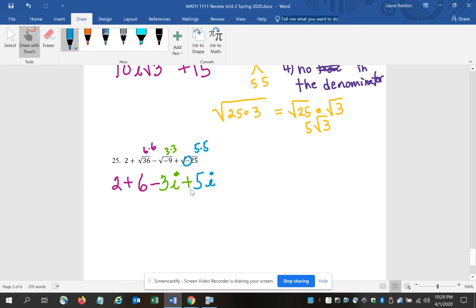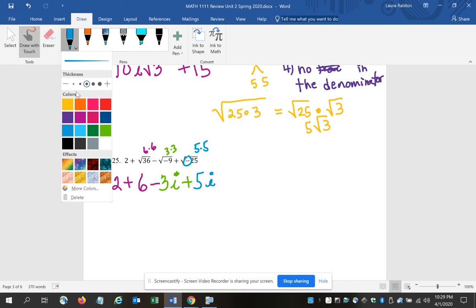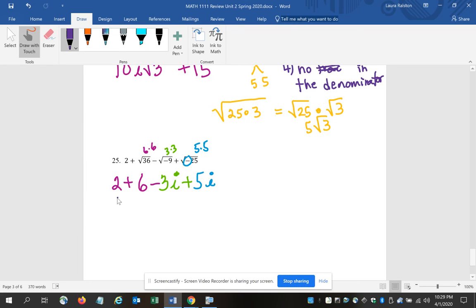Now, this particular one will simplify a little bit further because I can take the pieces that are just good old everyday numbers, 2, 2, and 6, and I can add them together. 2 plus 6 would be 8.